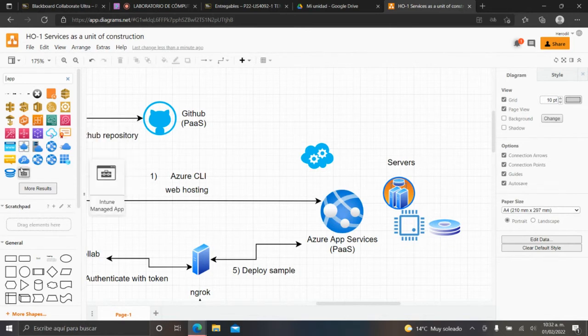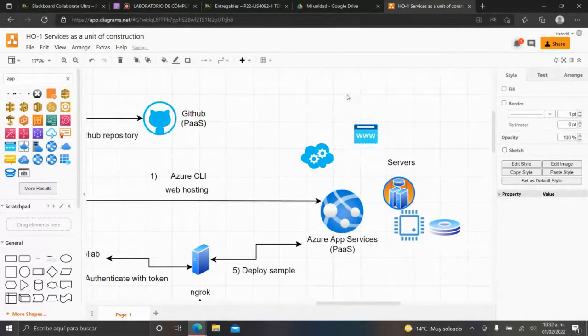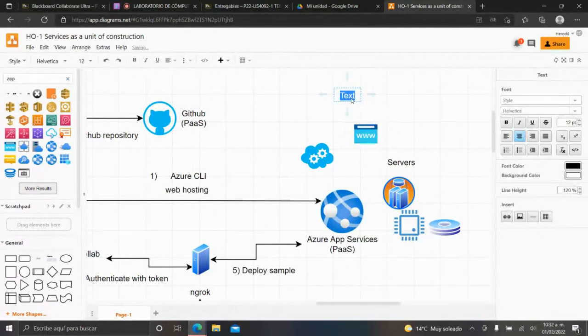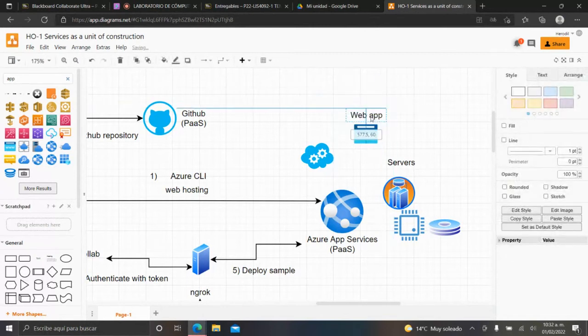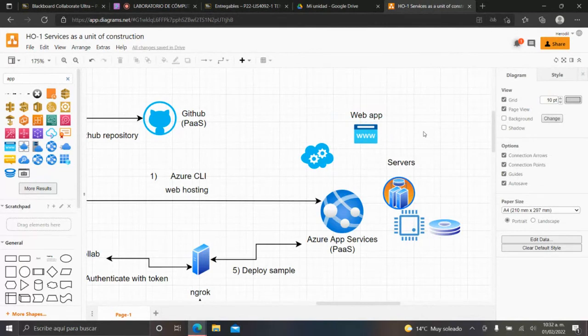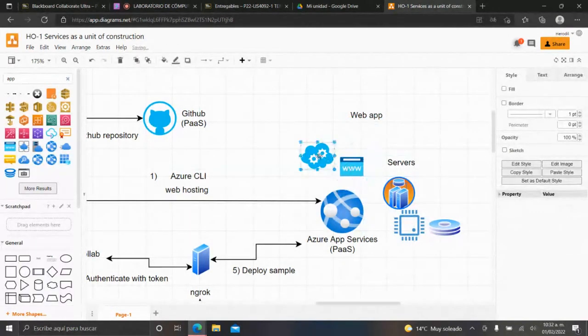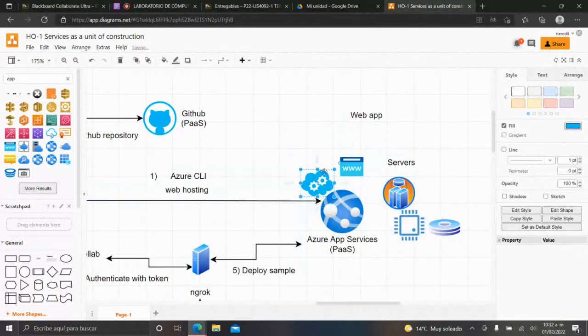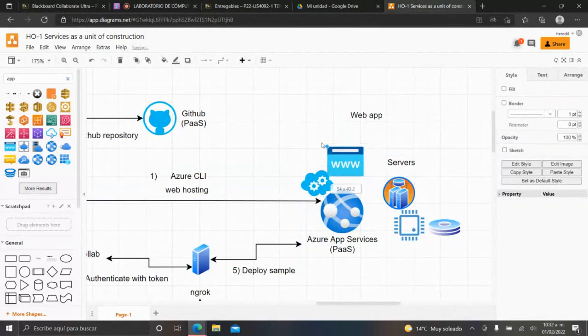So they group up several services of different layers in one added value service in order to make it easier for programmers to use the solutions. This is the case of Azure App Services. Behind, you have services, etc., and they provide you with web apps that can let you easily manage all the services that are running behind.